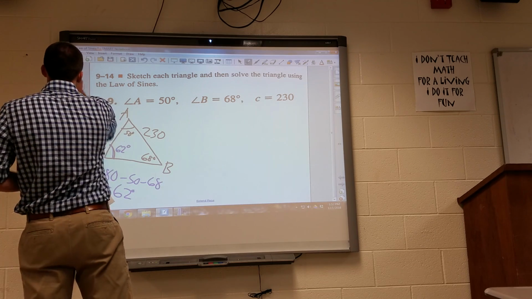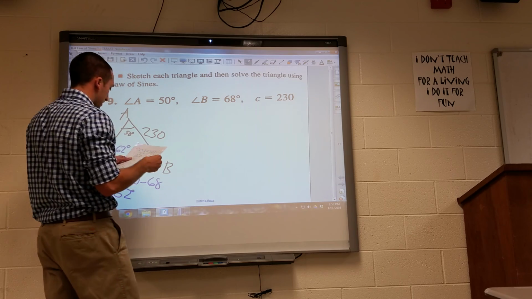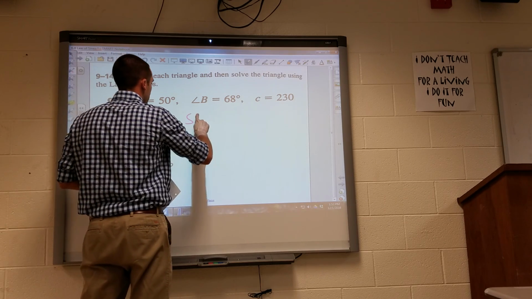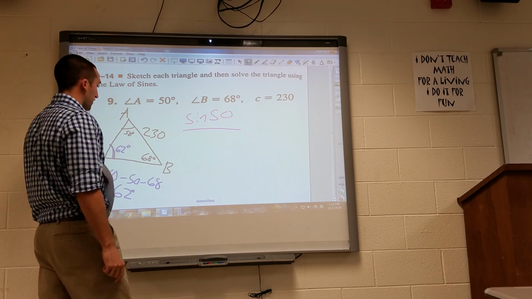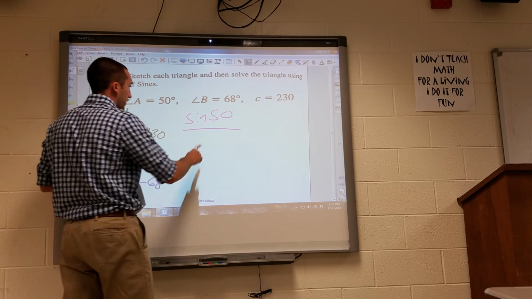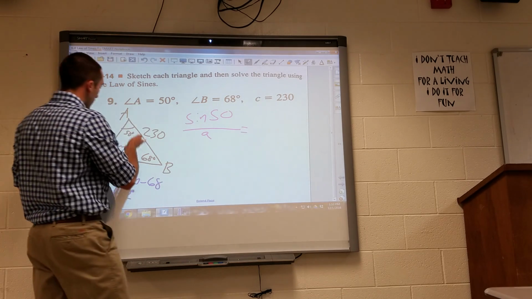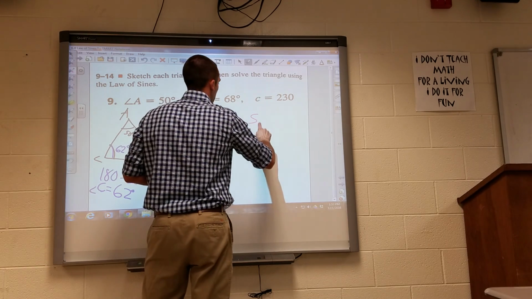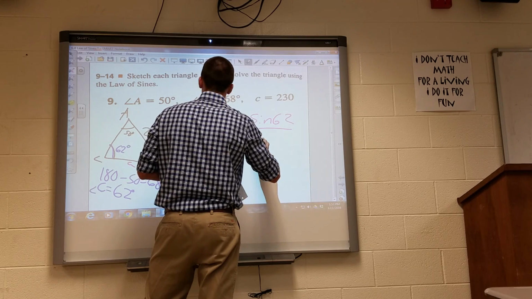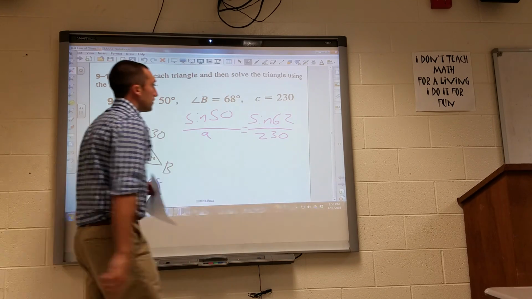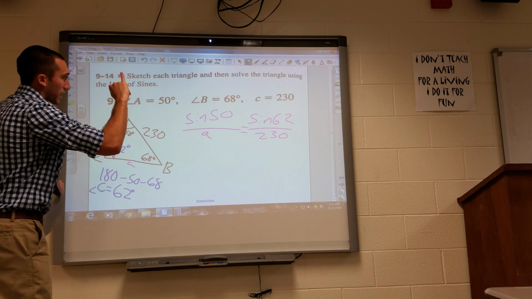So let's find side A first. We get sine of 50 degrees because angle A is 50 degrees, and we're looking for side A, and we're going to stick with using our sine C. So sine 62 divided by side C, which is 230. Now I'm going to divide the right hand side, and then I can switch.